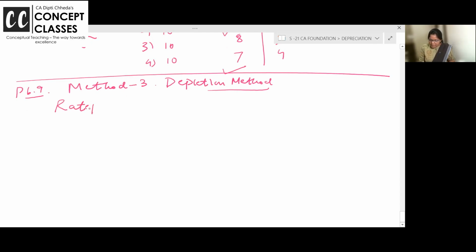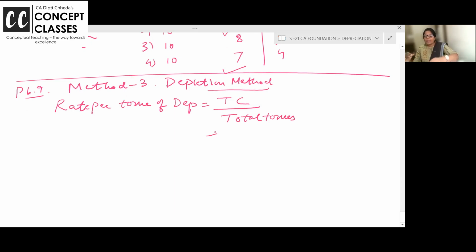What is the rate per ton of depreciation? It is total cost divided by total tons. What is the total cost? One crore.